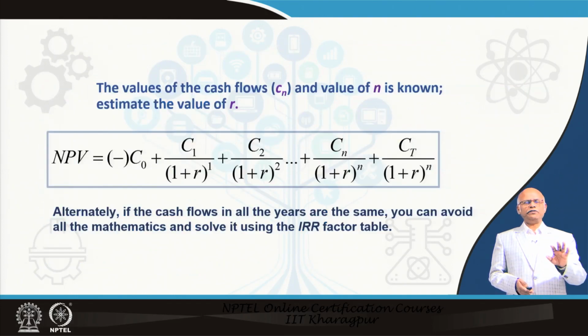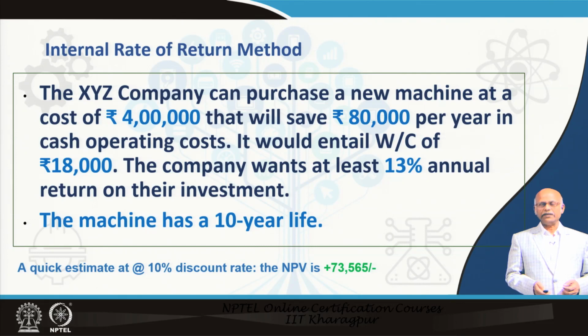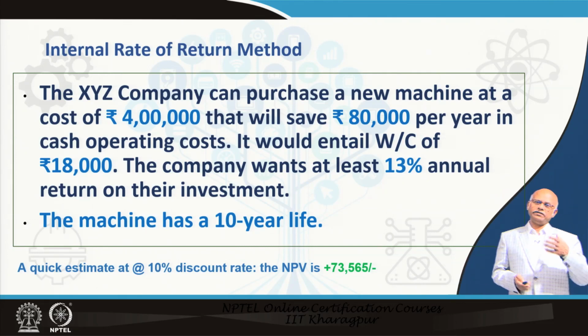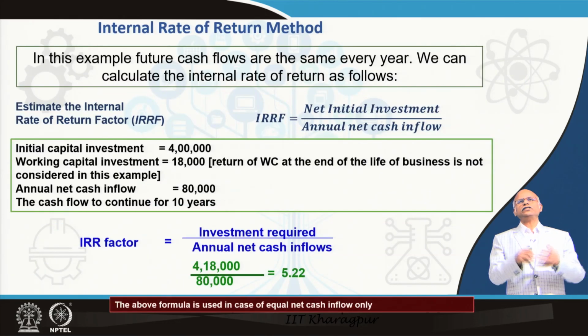This is one way of estimating, but if you know the regular cash flow, particularly in this one, we know that every year we are going to save 80,000 rupees, our initial investment is 4,18,000 rupees, and life is 10 years. Because it is an equated cash inflow, we can use that chart, and I am going to show how this chart is used.